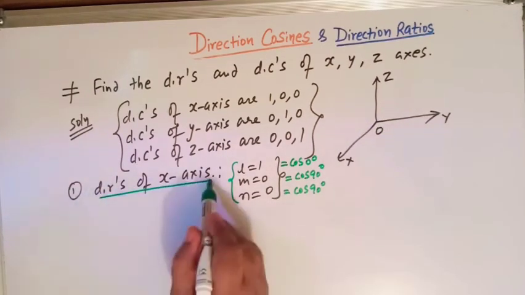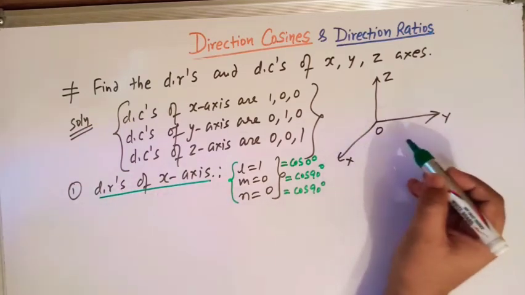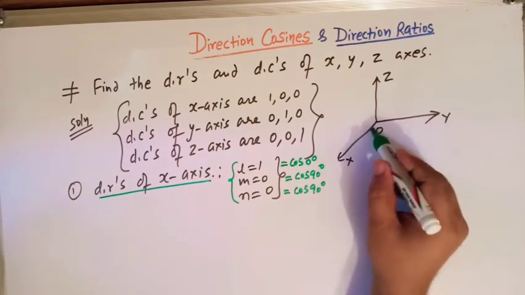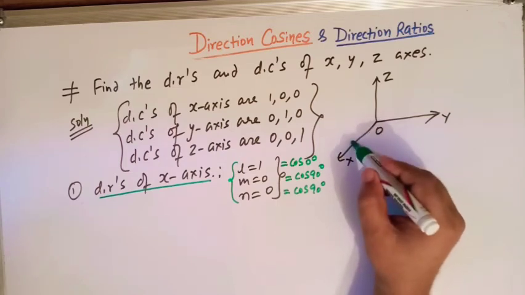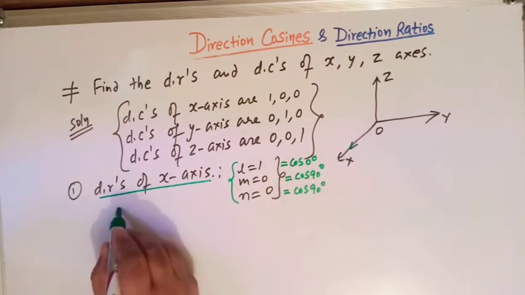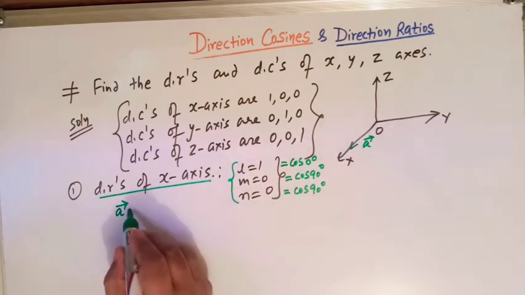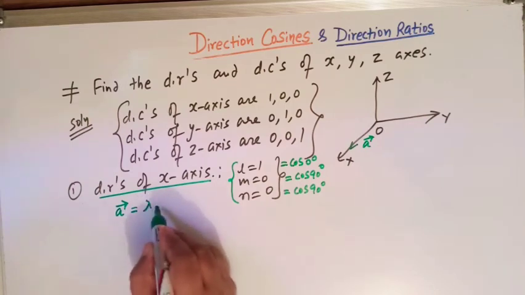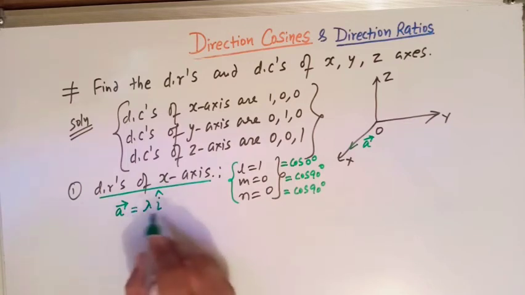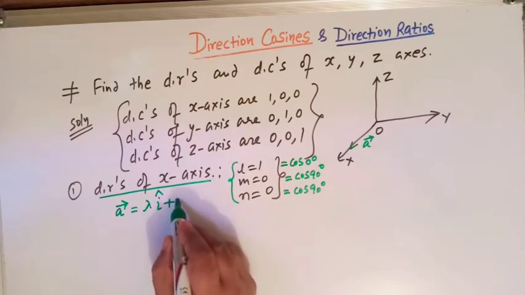Now our aim is to find the direction ratios of x-axis. Always remember that any vector which is parallel to or along x-axis, say if we take a vector A which is along x-axis, then it is of the form, say, lambda i cap, right? And this vector does not have any y or z component.